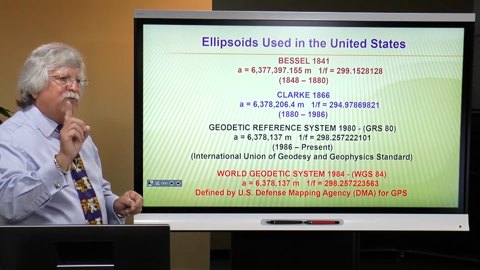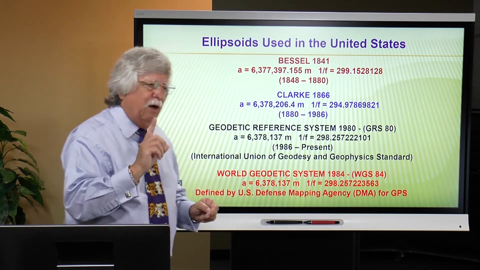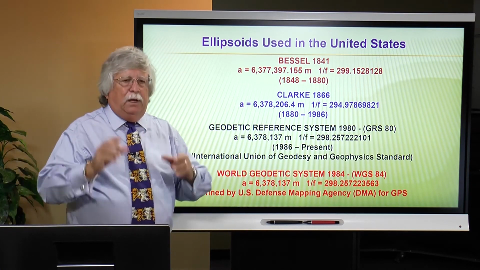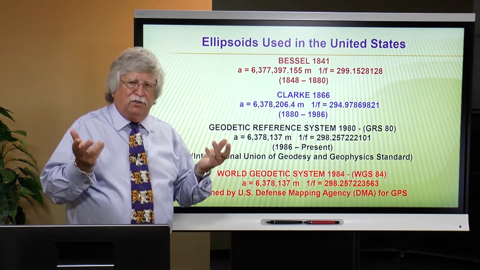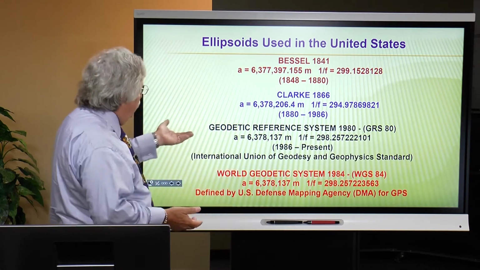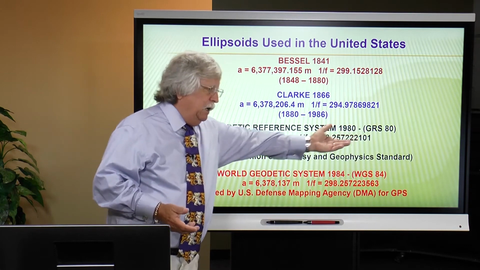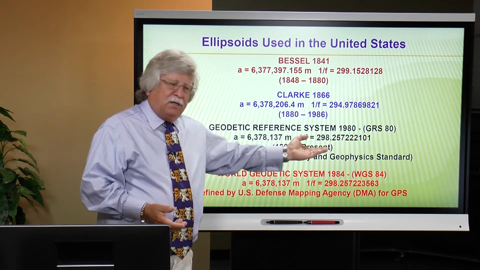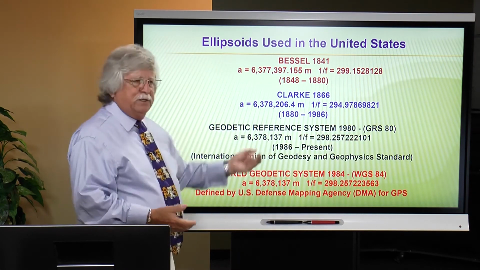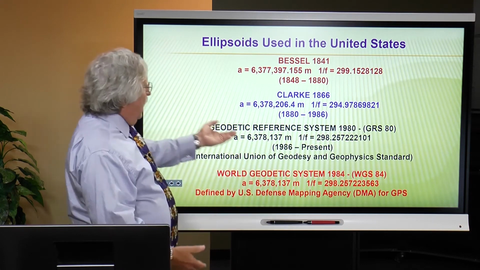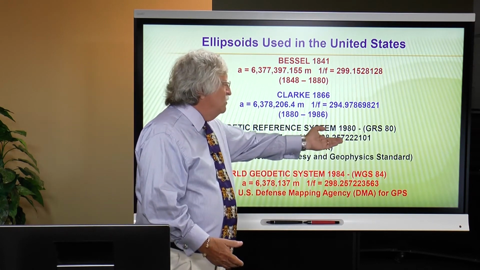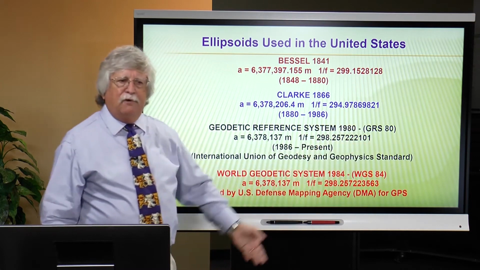Let's look at the reference ellipsoids just by themselves. NAD 83, the National Horizontal Geometric Datum of the United States, uses Geodetic Reference System 1980. The semi-major axis is 6,378,137 meters. The flattening is 298.257222101.